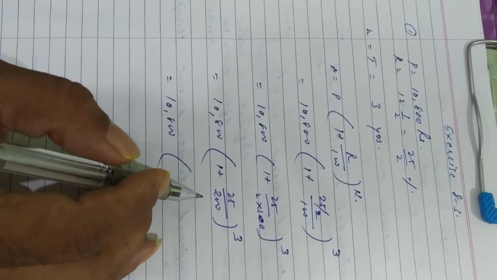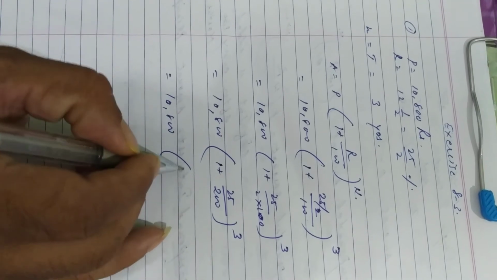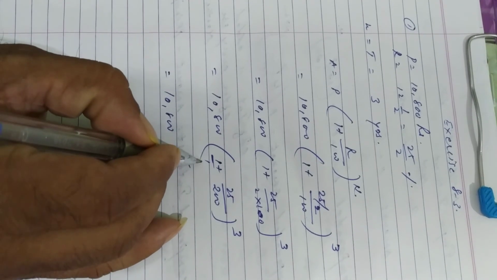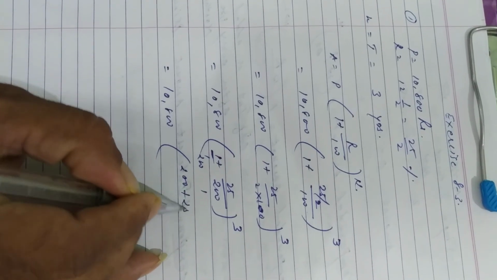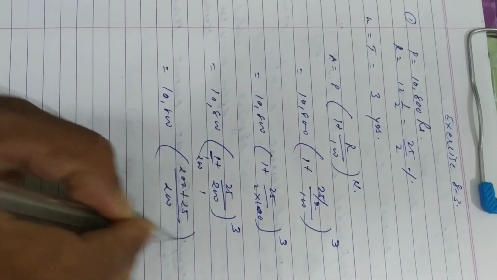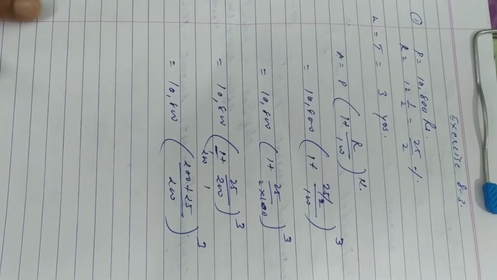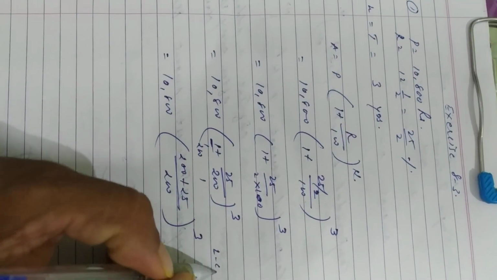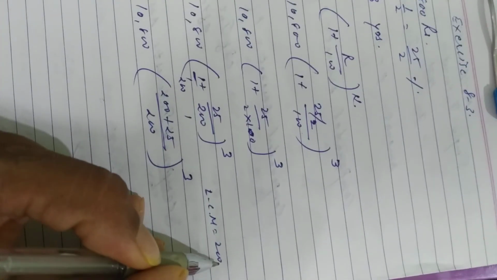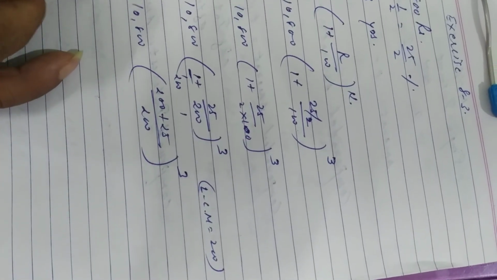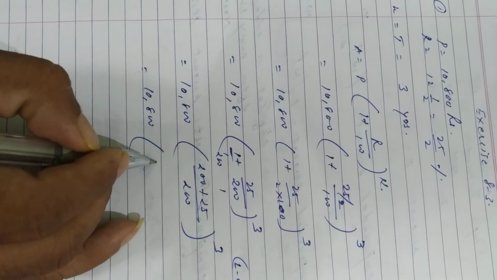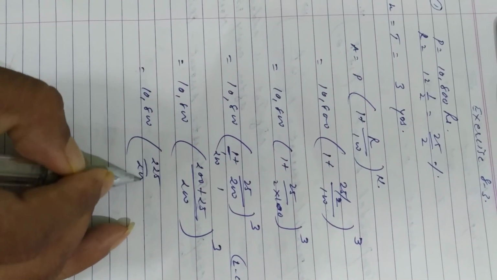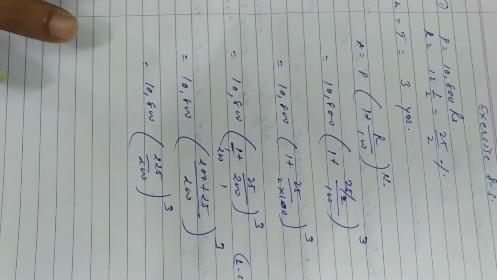Now here we have to take what? LCM. So 200 plus 25 upon 200, raised to 3, right? What is the LCM? 200. Got it? So it is equal to 10,800. Now 200 plus 25, so 225 upon 200 raised to 3.